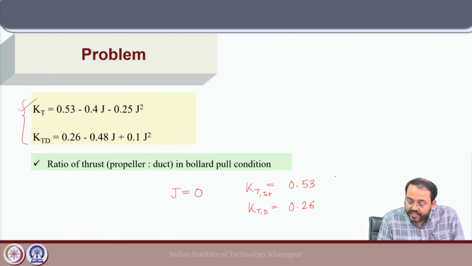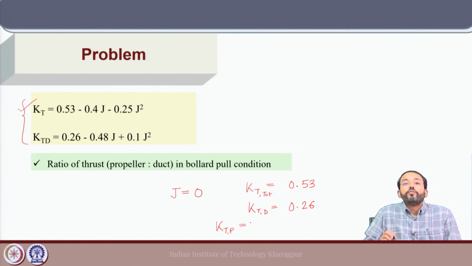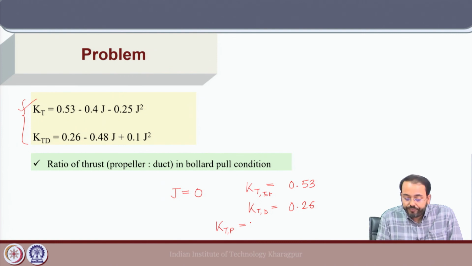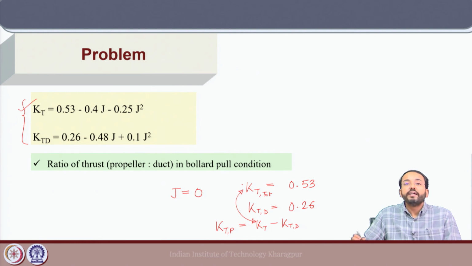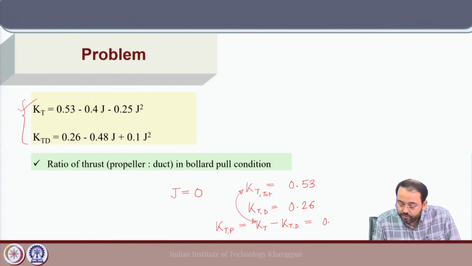So, we can calculate the thrust coefficient from the propeller only as Kt minus Ktd, where Kt is same as the Kt total, which is equal to 0.27 here.